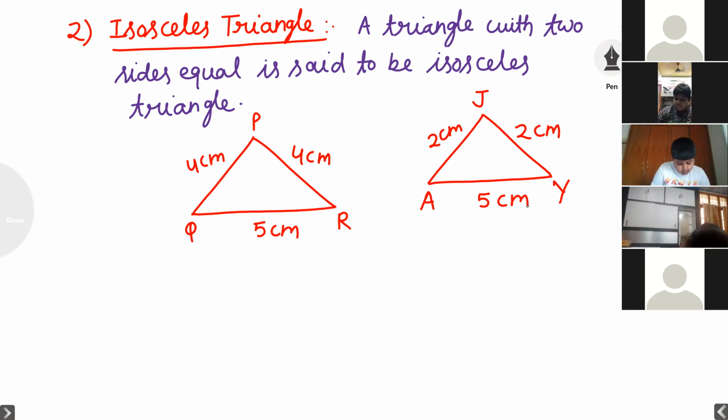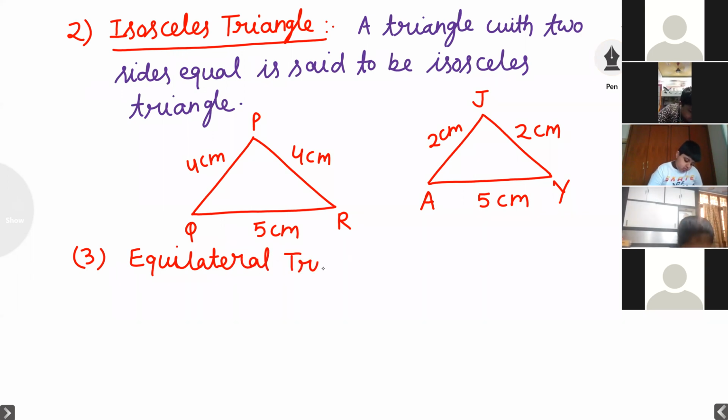Now, third key heading: equilateral triangle. Equilateral triangle means if all the three sides are equal, that is called an equilateral triangle.